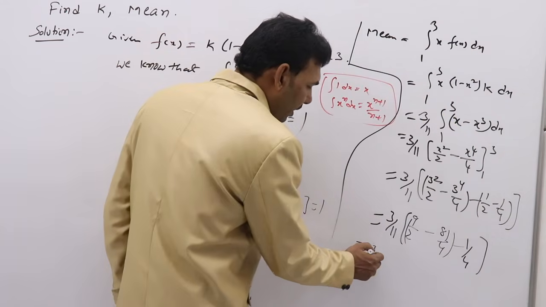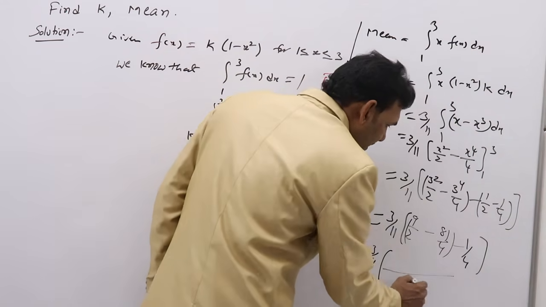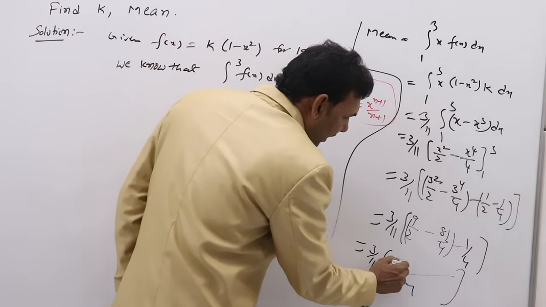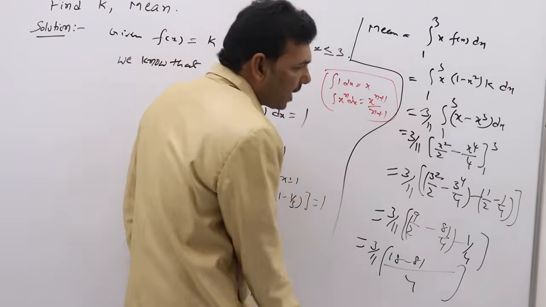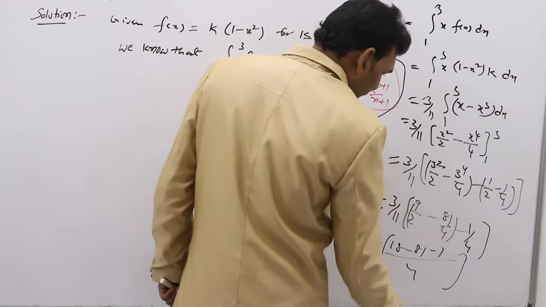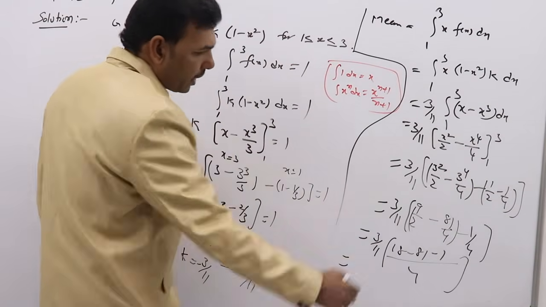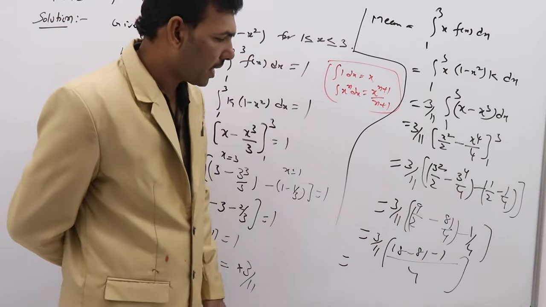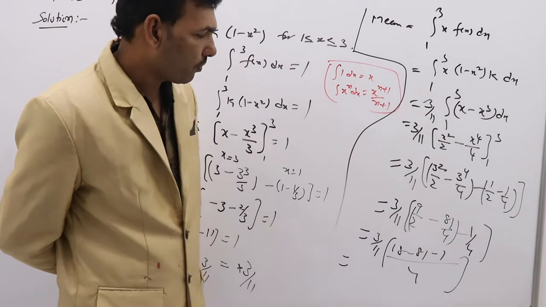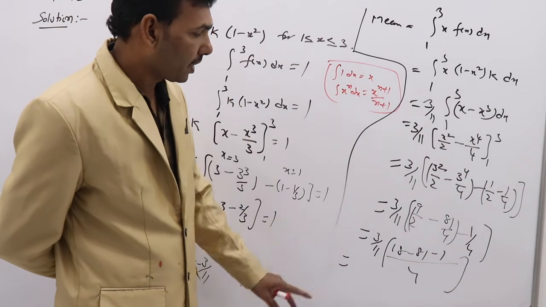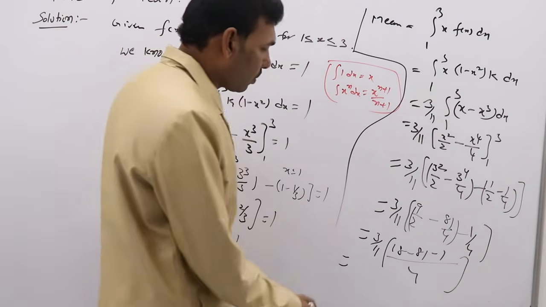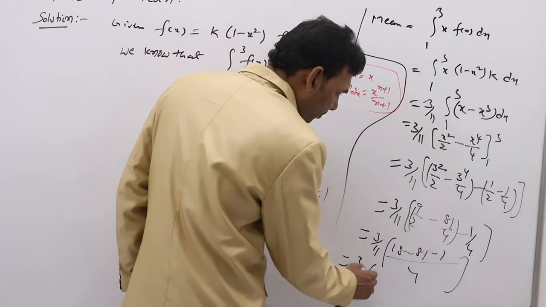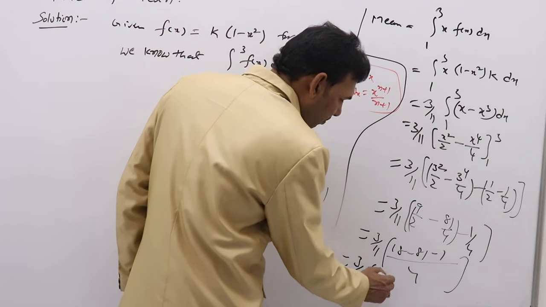So finally, if you take 4 LCM for all, 2 9s are 18, minus 81, minus 1. So 82, subtract 18 from 82, 82 minus 10, 72. If you subtract 8, what will you get? 66. So 3 by 11 into 66 by 4.